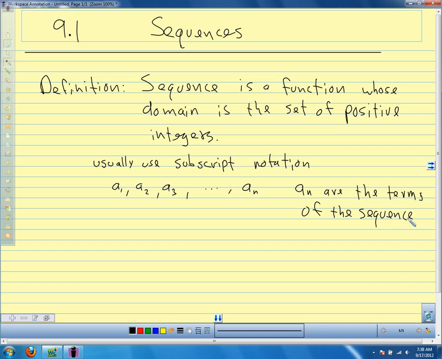And when we refer to the entire sequence, so the entire collection of these numbers, we put the a sub n in braces.